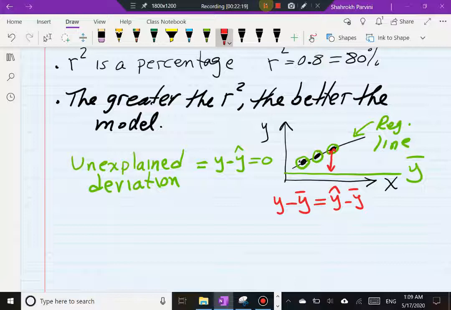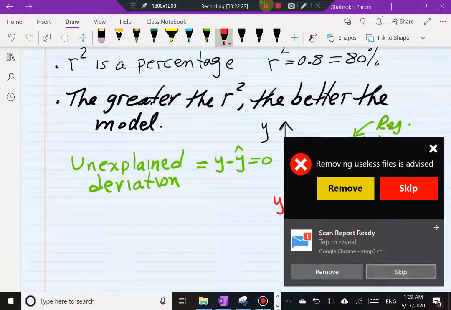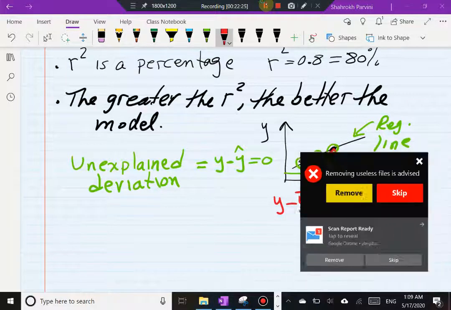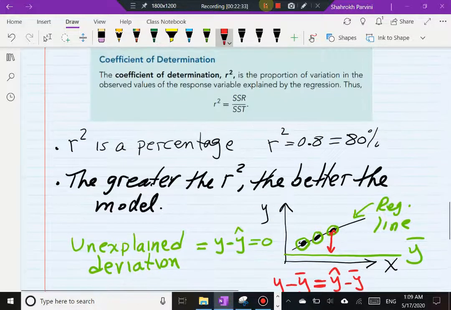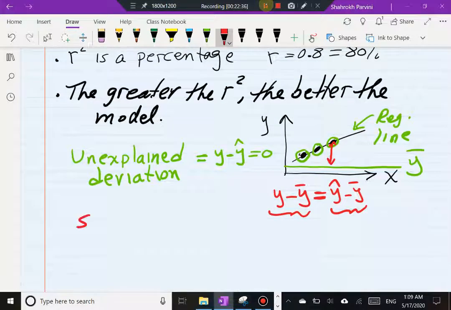So you can see this is the regression deviation. The most that this regression deviation can be is y minus y bar. So that tells me that SSR is always less than or equal to SST.